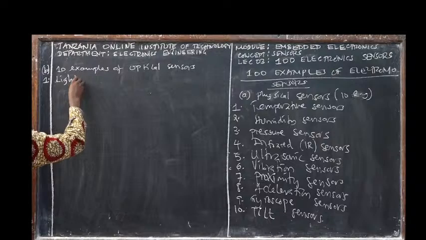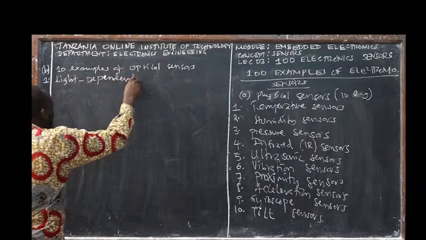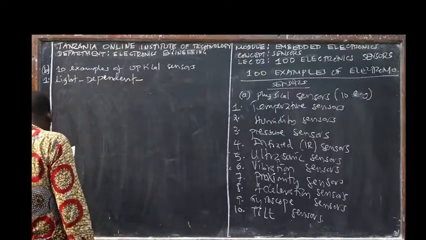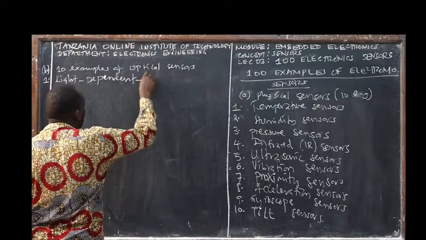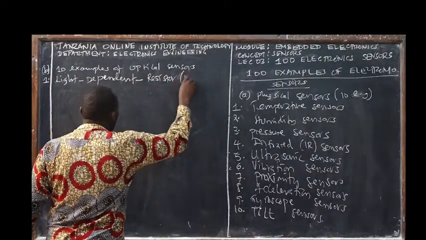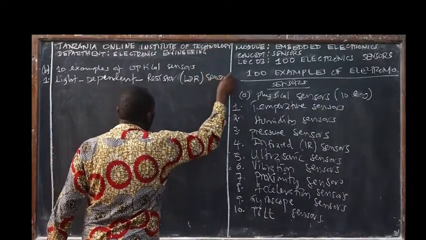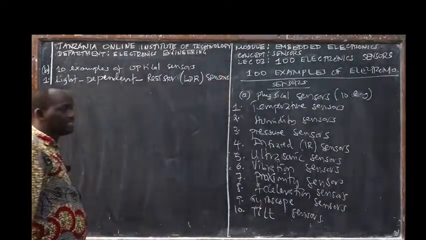That's called the light dependent resistor. Light dependent resistor, in short, we call it LDR sensors. This is one example of analog sensors.